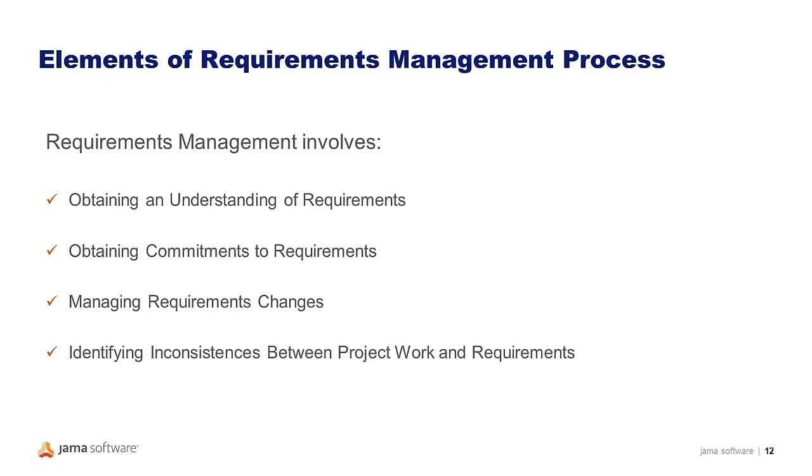And that we identify inconsistencies between project work and requirements. And what that means is that you can't have a project plan that says you're going to be done in a year if you have 10,000 requirements to implement, right? So you have to have consistency between the requirements and the other deliverables of the project.